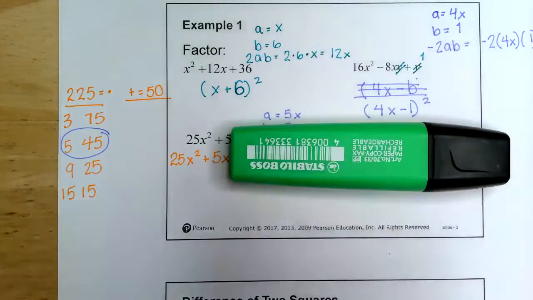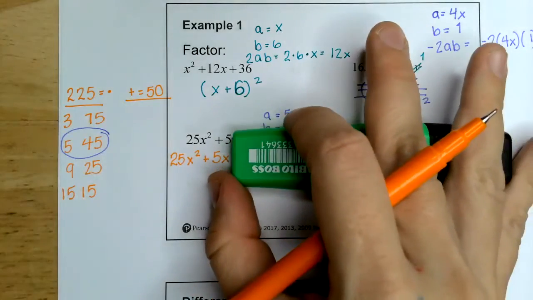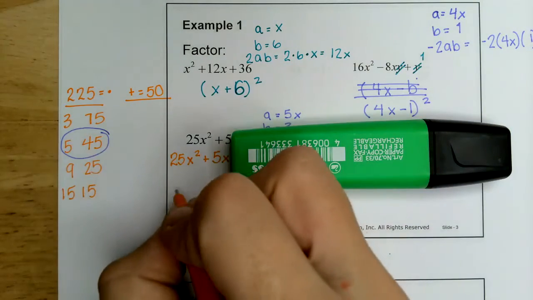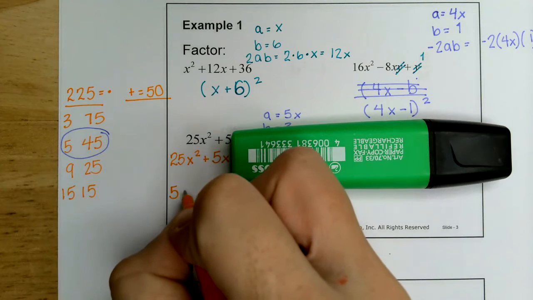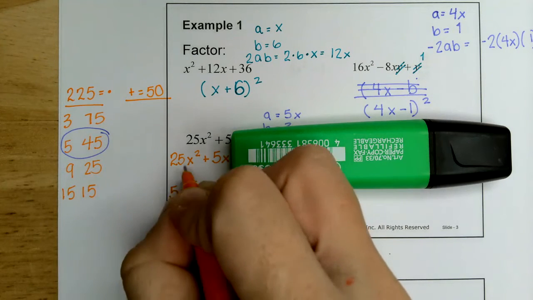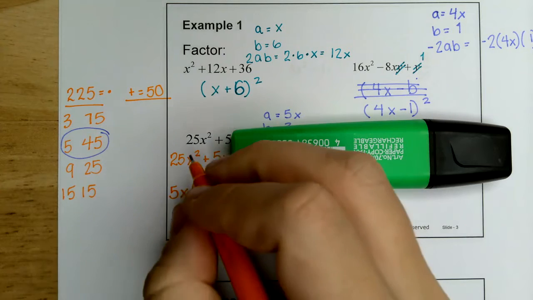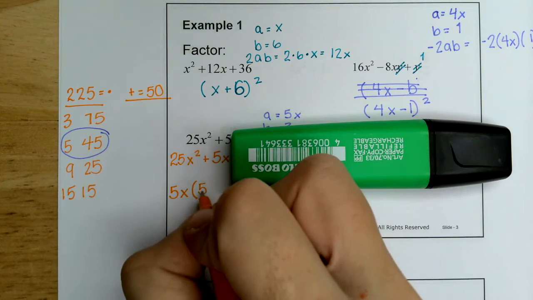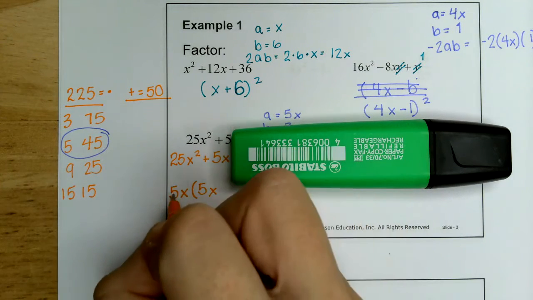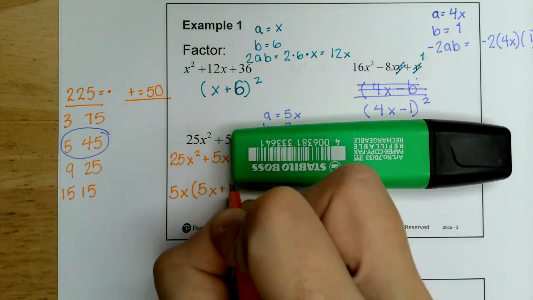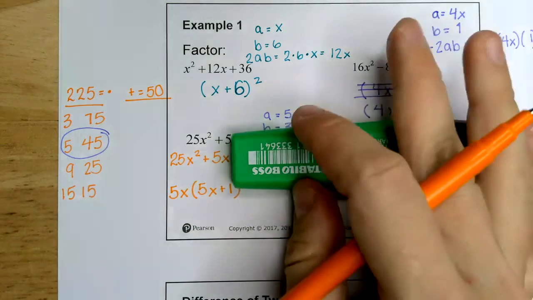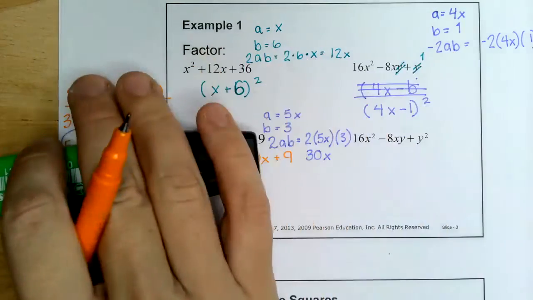Here's my first group, 25x squared and 5x. I can divide them both by 5, right? And I can divide them both by x. 25x squared divided by 5x gives me 5x. 5x divided by 5x gives me 1. So there's my first half.